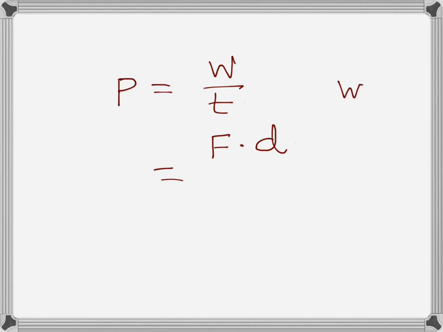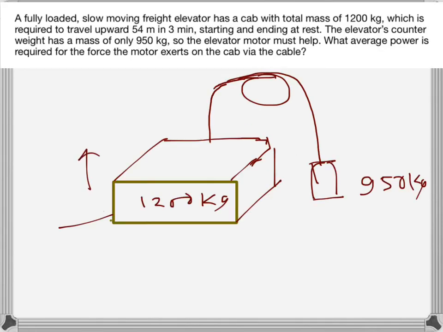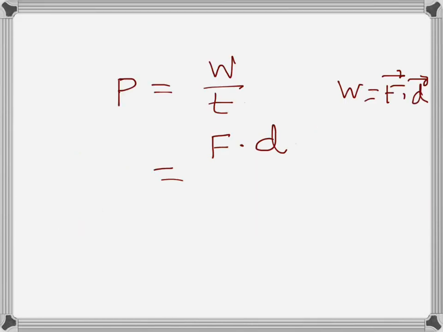The force is upwards, and the movement is also in the same direction, so the angle is 0 degrees. Cos 0 is 1, so that's just Fd. So I'm directly writing F times d over t. So that will be the power.